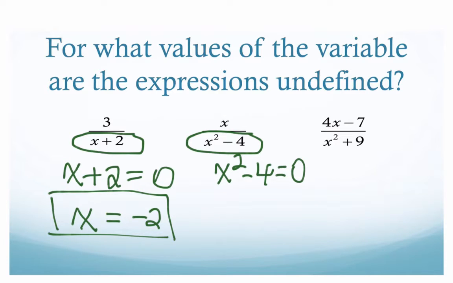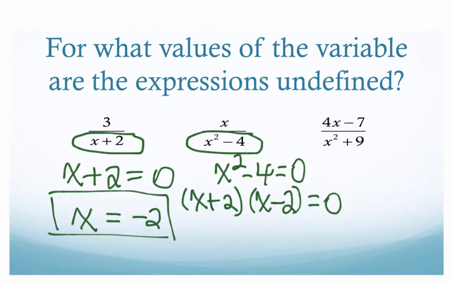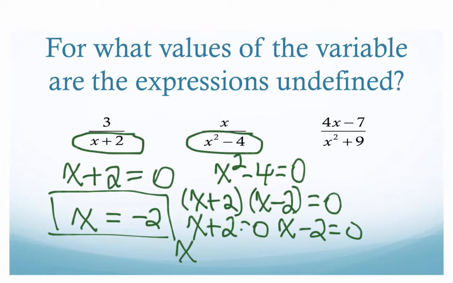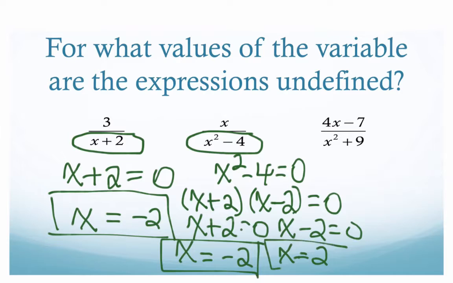Well, that's a difference of two squares, so we can factor that into x plus 2 and x minus 2. Using our zero product rule, x plus 2 equals 0, x minus 2 equals 0. So we have two values that make this expression undefined. x equals -2 and x equals +2.